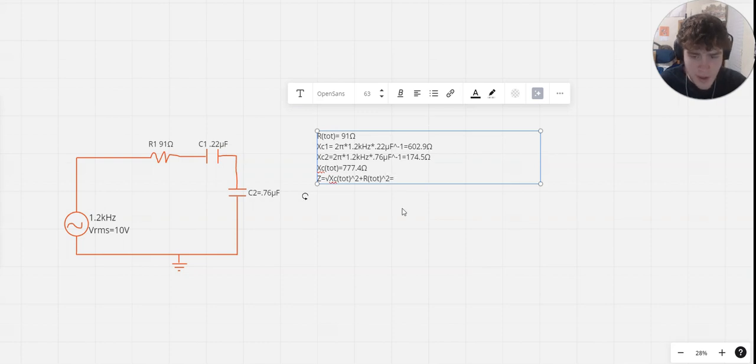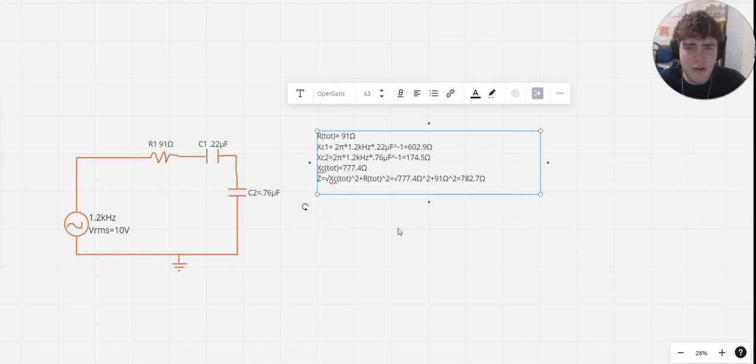So in other words, that should be the square root of 777.4 ohms squared plus 91 ohms squared. Which after doing all that math, the total impedance should be 782.7 ohms. Now that's the first step of the whole shebang that we're going to do.